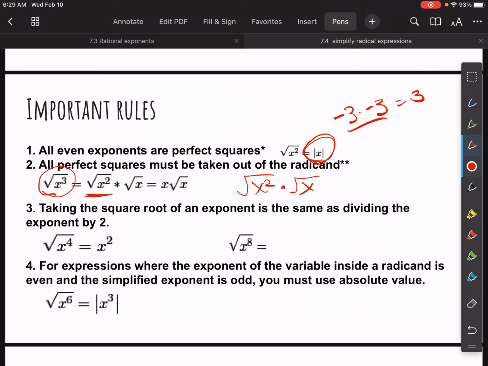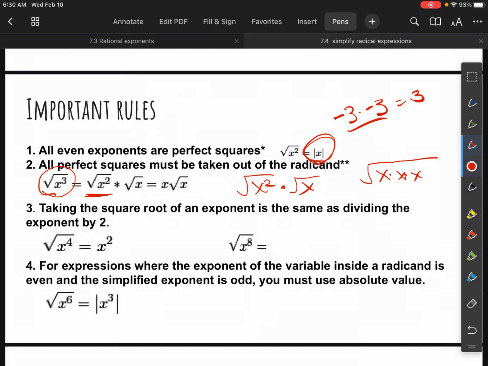What I did was I'm just breaking that 3 up into pieces, because I know that if I have something like x times x times x, and I'm taking the square root of this, the square root essentially undoes 2 of these.